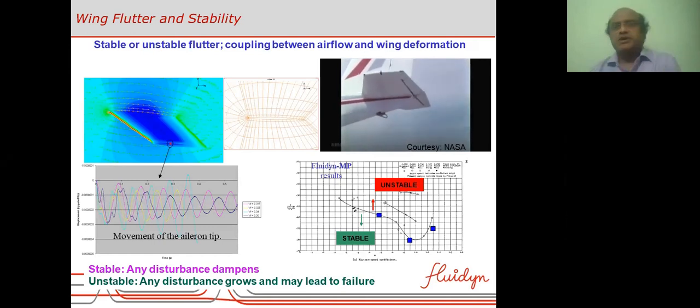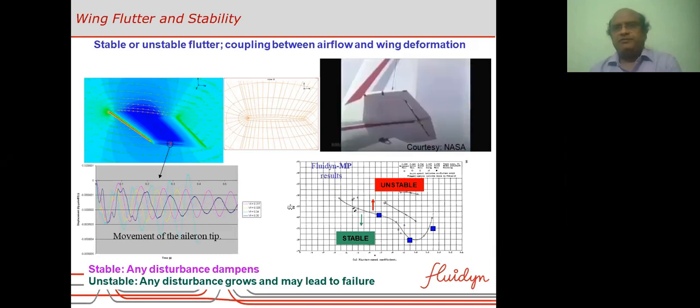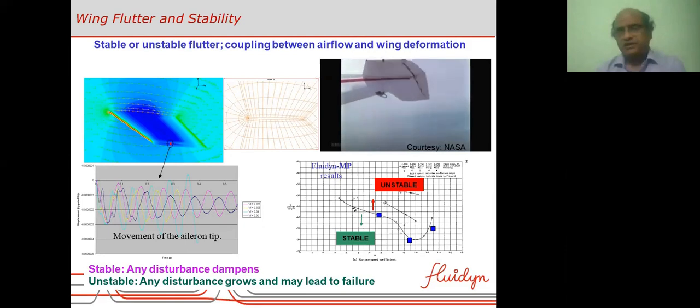But if any small disturbance causes amplification of this oscillation, it may lead to failure. In that case, it is called unstable. So whenever such airplane wings or structural components are going to interact with the flow, their stability is analyzed from this viewpoint.